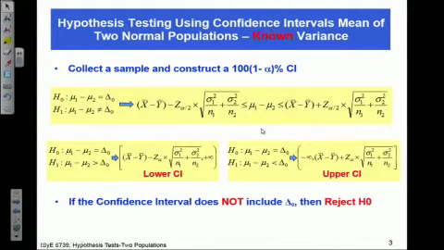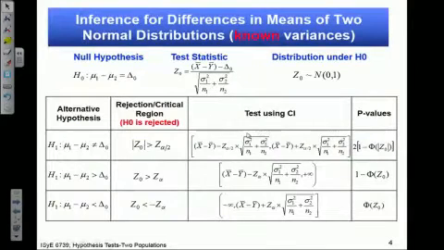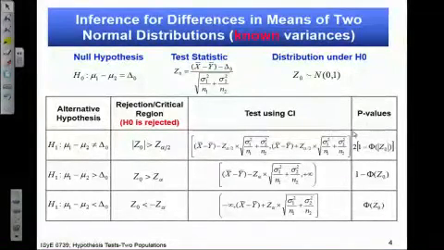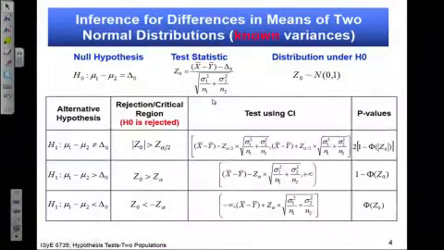That's simple. And this is a summary of how to calculate p-values also. You can see it here. It's similar to one population. The only difference is the way that you calculate your test statistic. That's it. Okay? Any question?